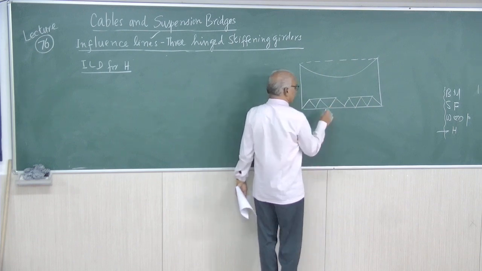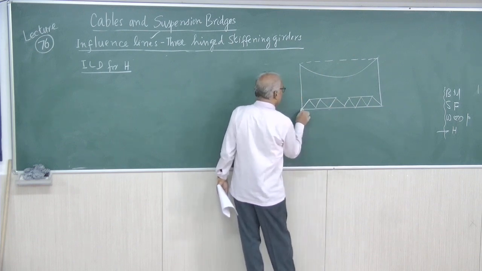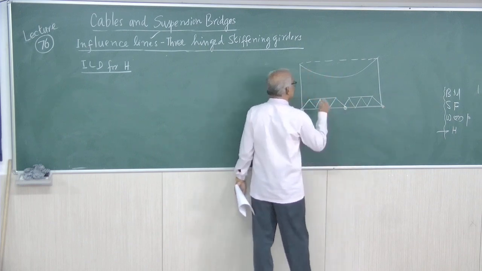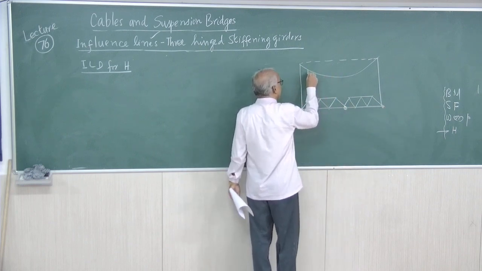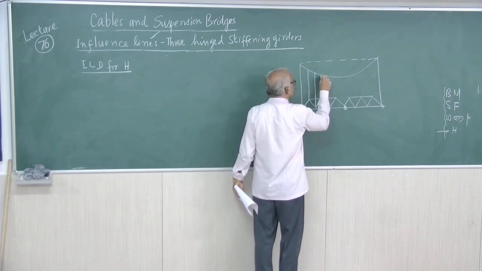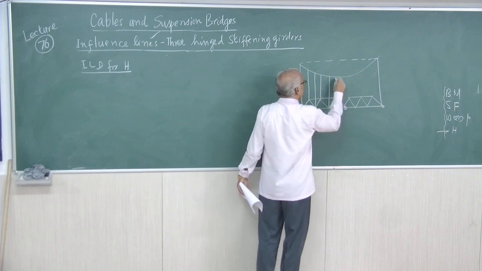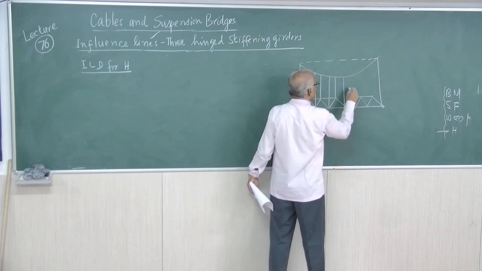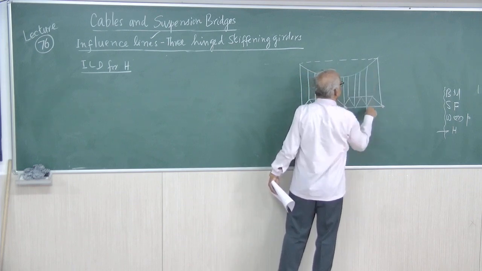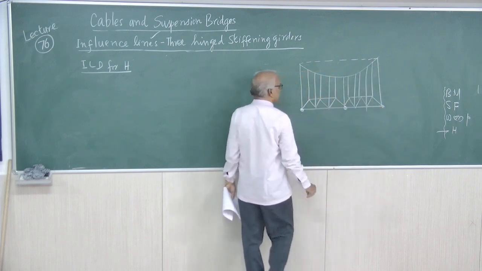You know that the stiffening girder is suspended from the cable through hangers or suspenders. This we already know, and we don't want to discuss it again. It's a stiffening girder.